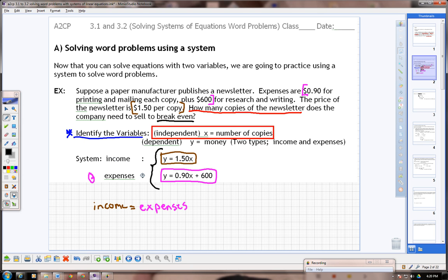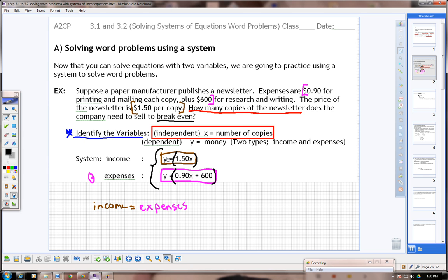And in business, it's always a great idea to make sure that you're going to be earning more than you're spending, or at least know what that break-even point is. That break-even point happens when both this expression for the income and the expression for the expenses are set equal to each other.